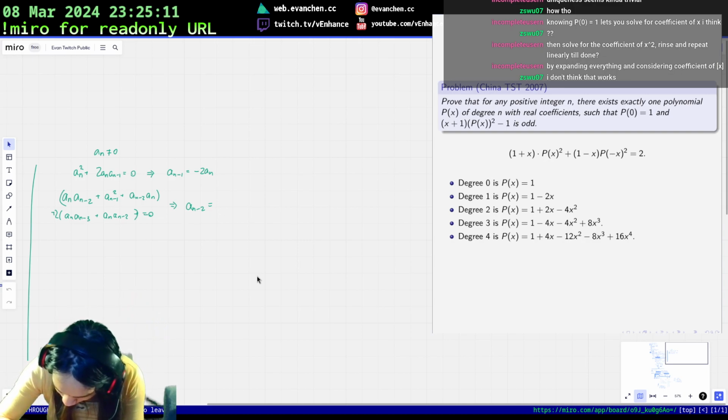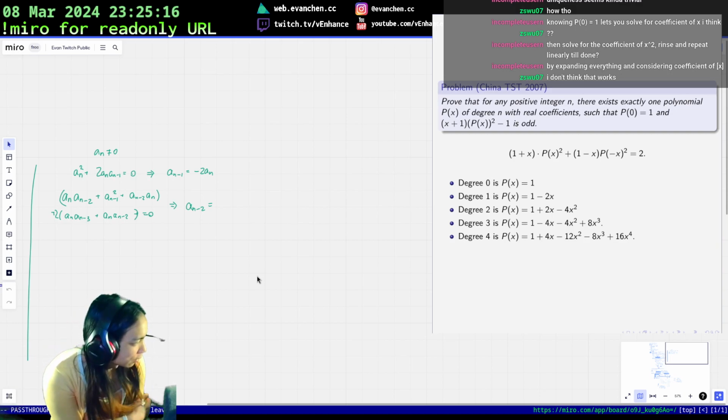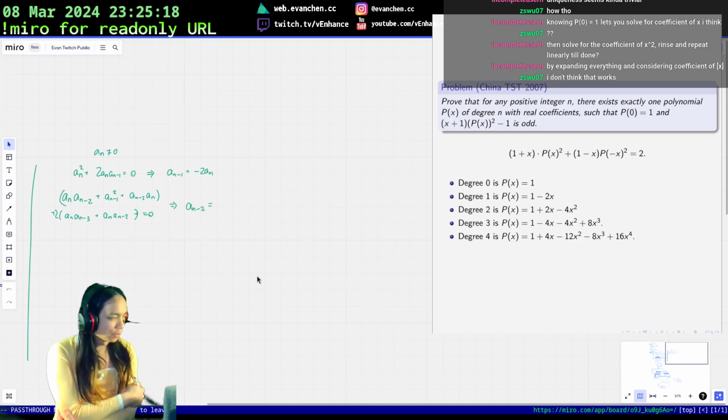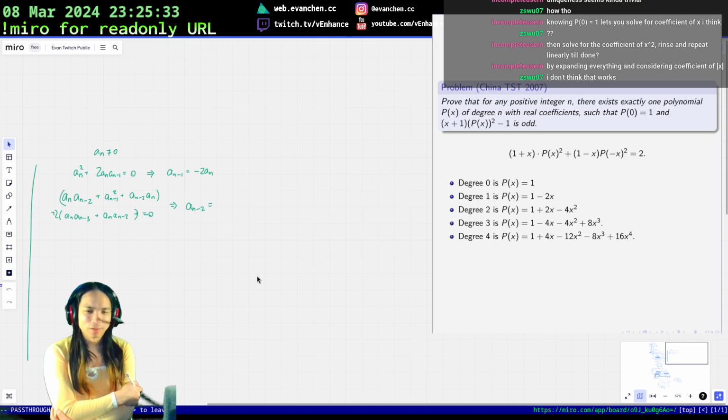Wait, I'm confused now. Like the next tier, you had this thing where you let b equals 2a plus 4. But that's like relating a and b, right? And I don't know. Like I feel like for large n, it's not a single new variable each time, is it? Or something?